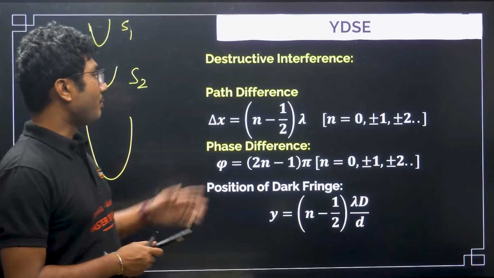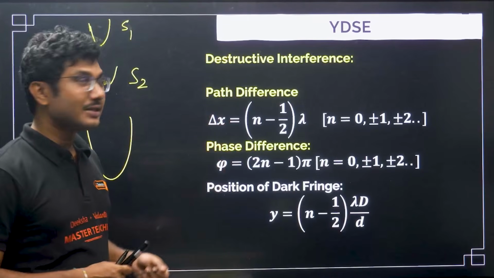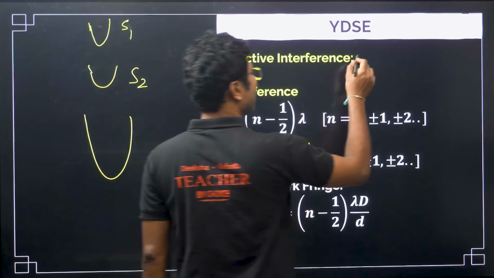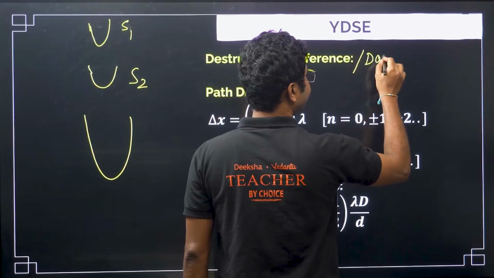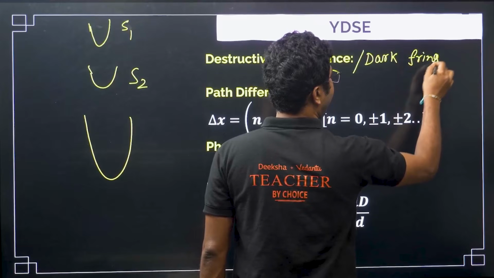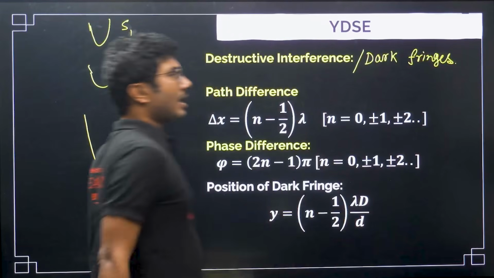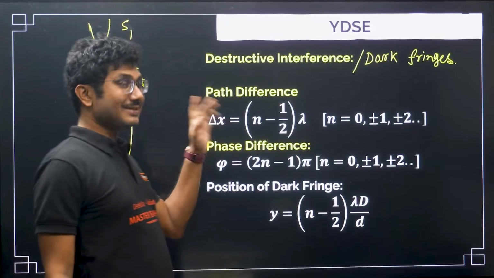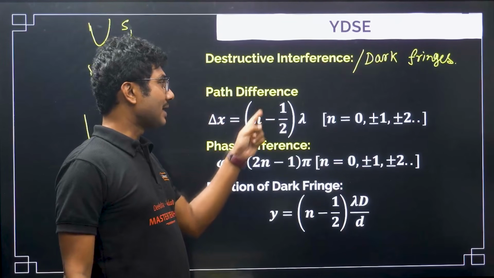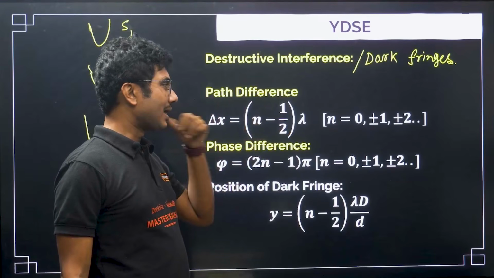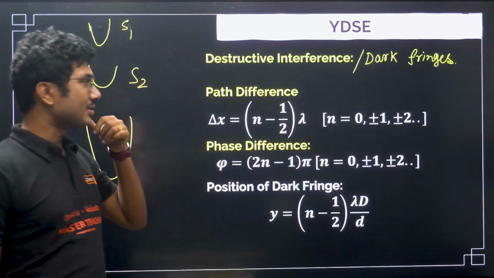Now, in terms of path difference, what is the condition? This is also called dark fringes. In terms of path difference, it is slightly difficult. n minus half into lambda, where n is 0, plus minus 1, plus minus 2.